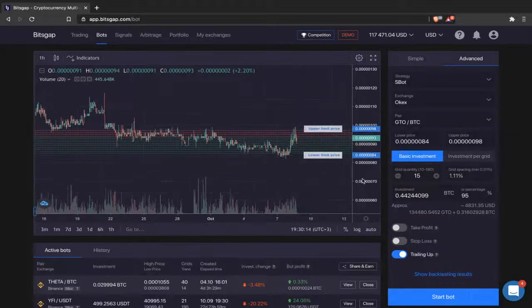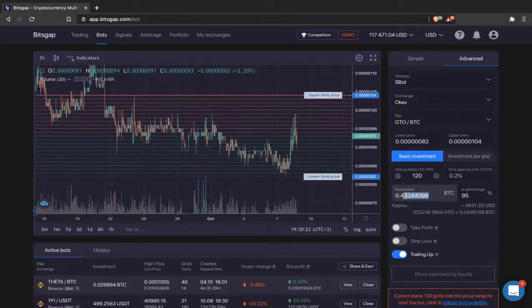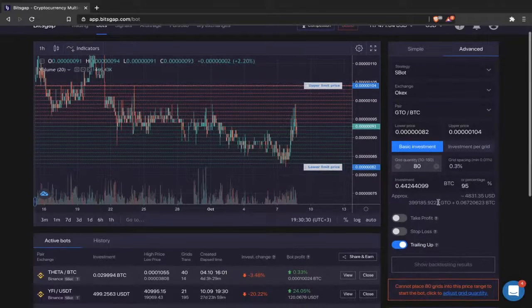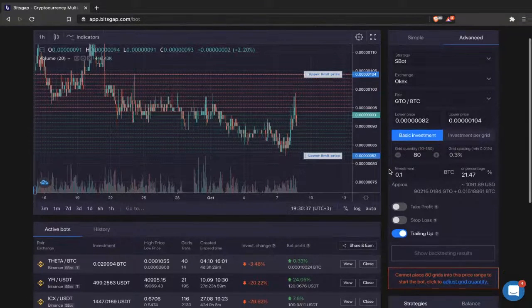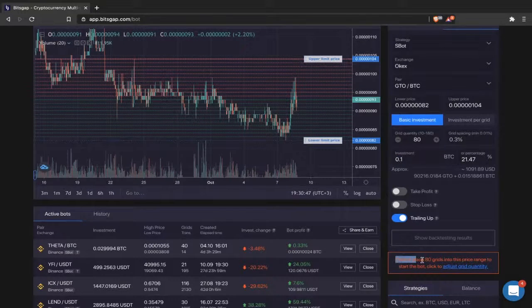And let's say that I'm okay with this configuration. Let's just make maybe 120 grid levels. And maybe 80. And let's use only 0.1 Bitcoins. So what you will find is that in order to launch this bot with 80 grid levels and the total investment of 0.1 Bitcoins, you cannot place 80 grids into this price range to start the bot.